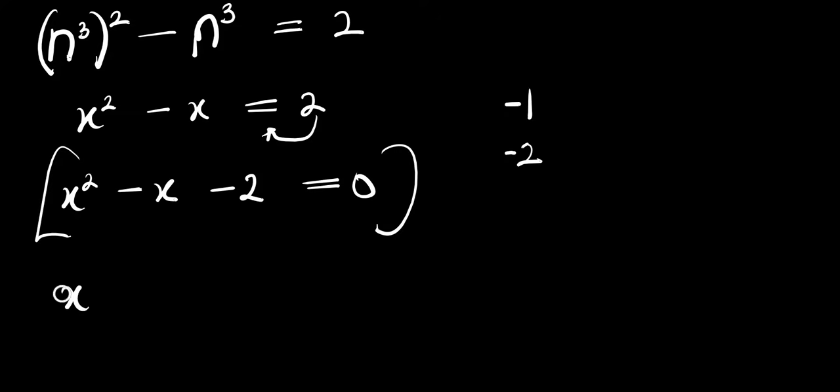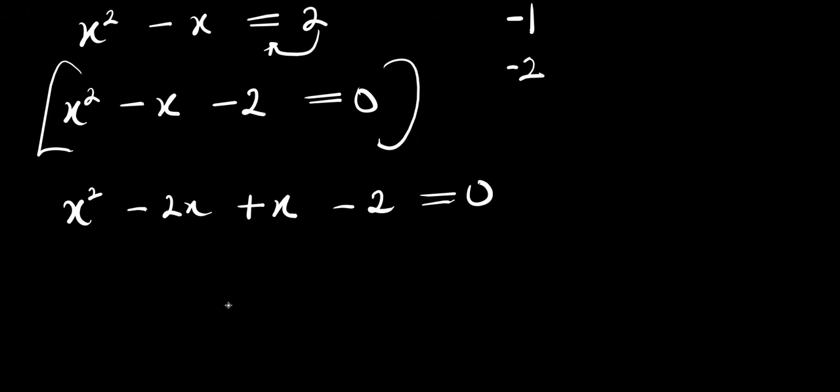So I'm going to have x squared, then minus 2x. Then I have plus x, because -2x plus x is -x. I have minus 2 equals 0.